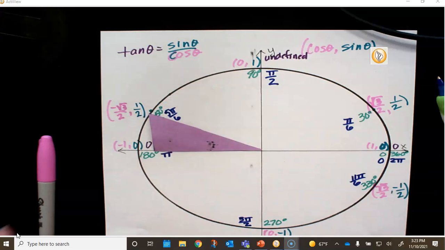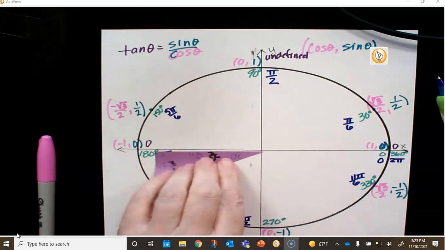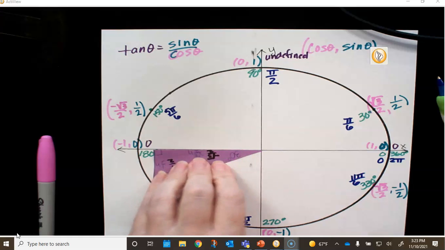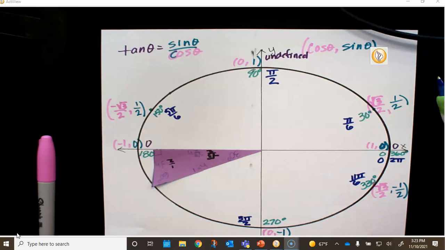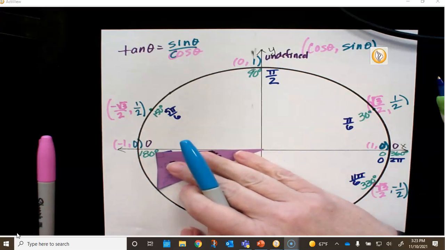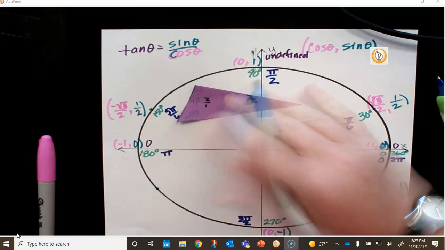Okay? And then lastly, when we bring this down here, we're not doing 30 degrees beyond, we're doing a half turn. So we're just adding 30 degrees to 180. So when we add 30 degrees to 180, that's 210. So I'm going to go ahead and put my dot there.